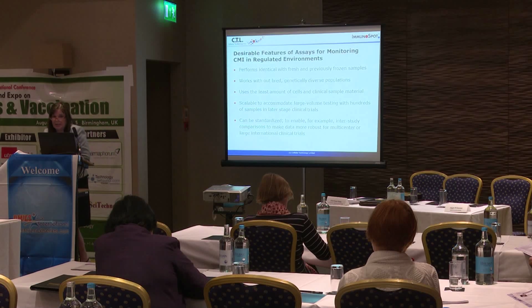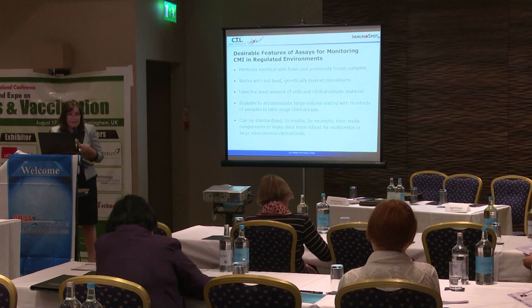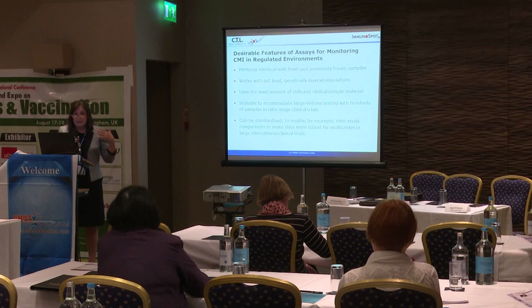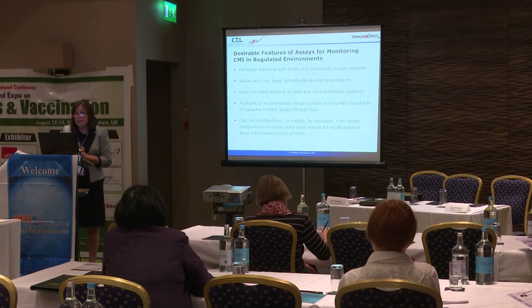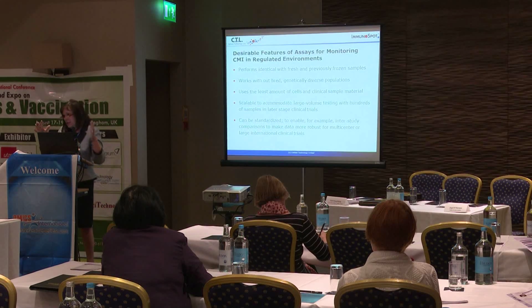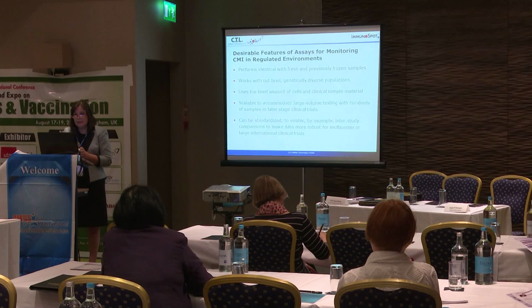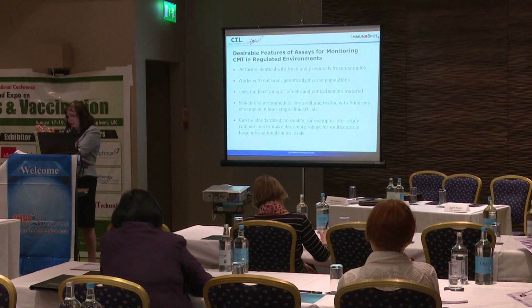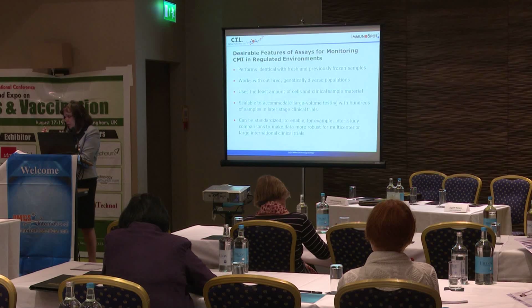Further, to implement it, as you work with the human systems and you will have many samples, they should perform identically with fresh as well as previously frozen materials so that you can standardize and batch the sample measurements together. They should work with an outbred, genetically diverse population, because otherwise you reduce your vaccine approach to a very small population with all the challenges that come with that.